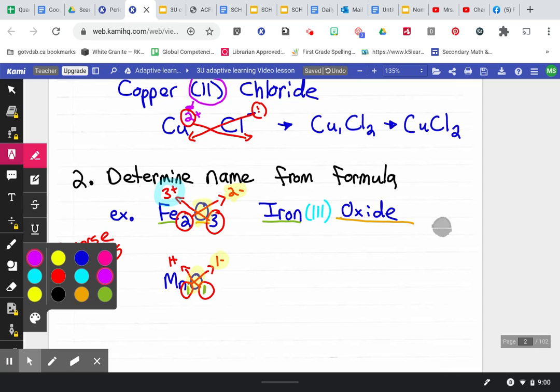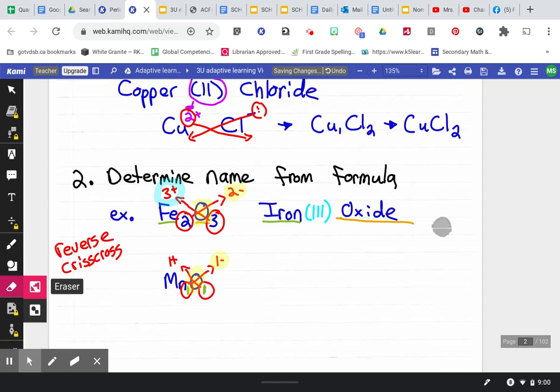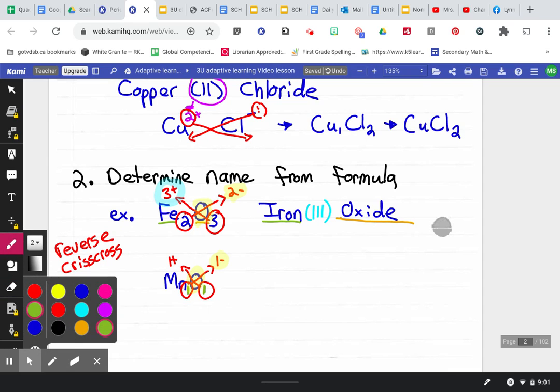To do that, we multiply both numbers by 2. So this becomes a 2 plus, and this becomes a 2 negative. Now our ionic charge for oxygen is correct, so we can name our compound.